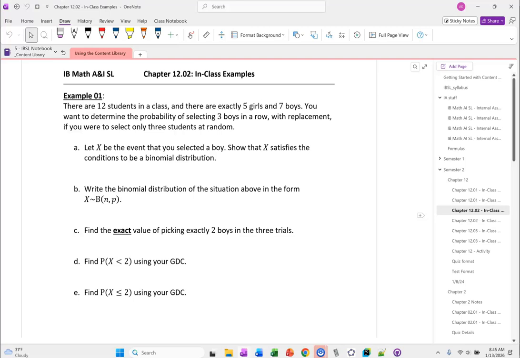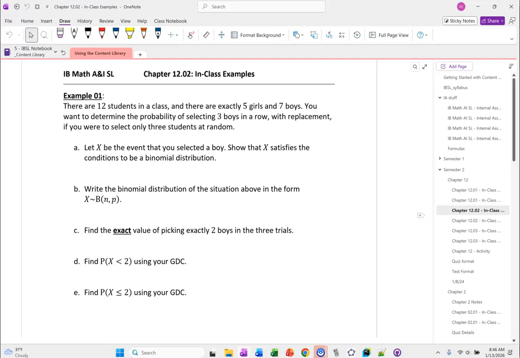Doesn't that make it independent, because if you choose a girl, then... It is independent, but that's not why. Anthony should know why because he asked about it already.